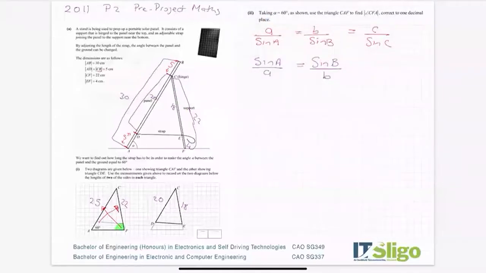So it would be sine of the angle 60 over the side across from it, which is 22, is equal to sine B, we can call it, or sine X, whatever you want to call it, or sine F over 25. I tend to cross multiply at this stage.